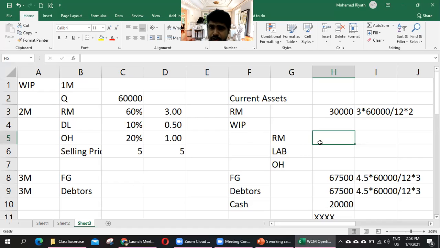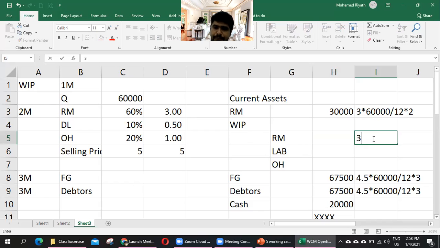Right. How much raw material cost per unit? 3 rupees. And production is 60,000 units per year, and we have to divide by 12. It stays for 1 month.